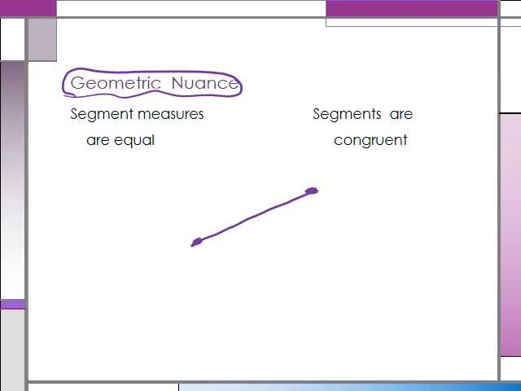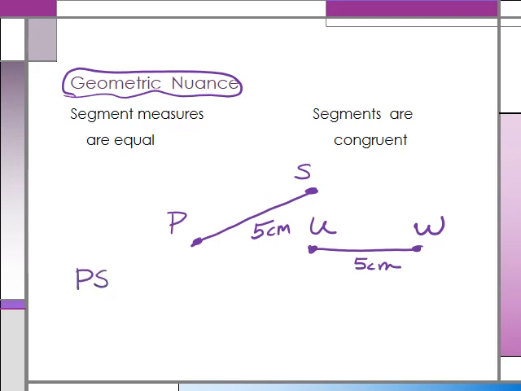So if I have PS and UW, and I know that this is 5 centimeters and this is 5 centimeters, we can say that the measures are equal, so the distance PS is equal to UW, because they are 5 centimeters long. And because their measures are equal, they're congruent.